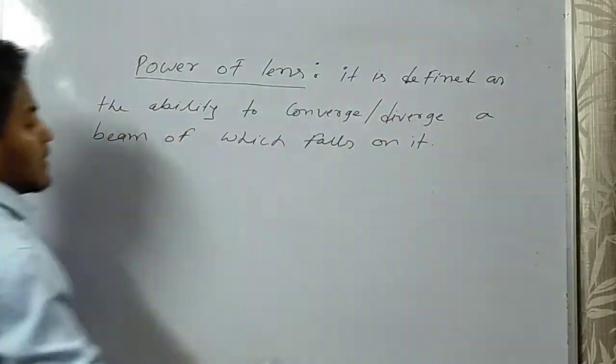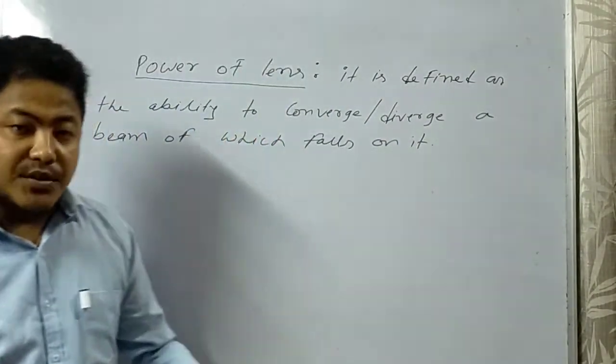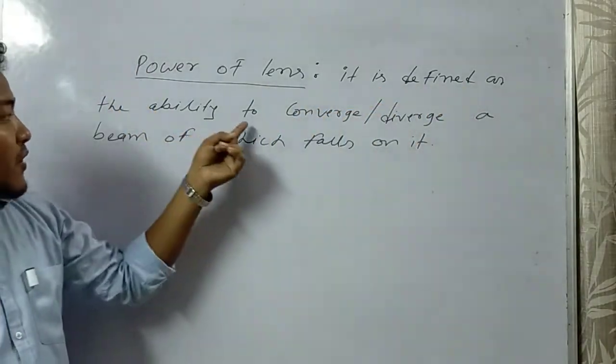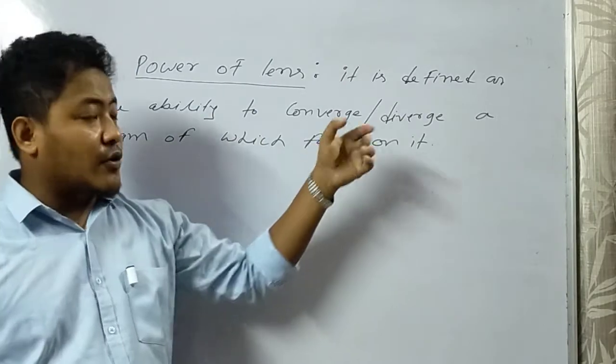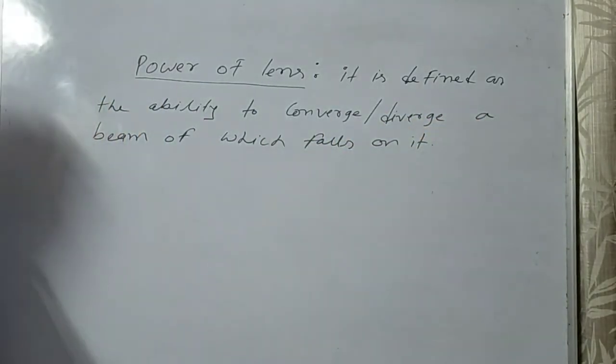That is the definition of power of lens. This is a very simple thing. It is defined as the ability to converge or diverge a beam of light.